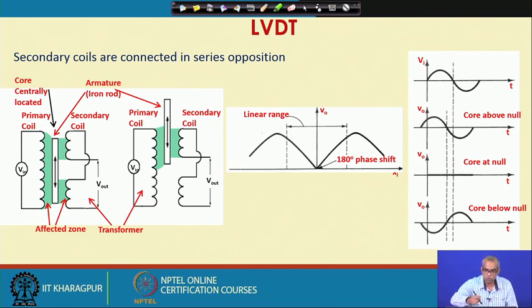So, this figure shows how this phase shift occurs. Here the core is centrally located, so the output voltage is 0.